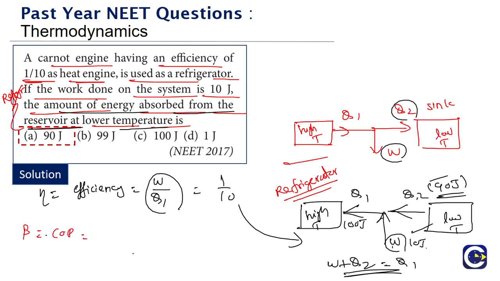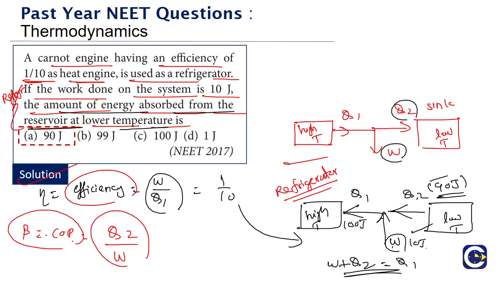It is the heat we are able to derive from the reservoir per the electrical work that is done. So the coefficient of performance will be Q2 by W. This is the coefficient of performance in the case of the refrigerator. For the heat engine we use the efficiency factor.